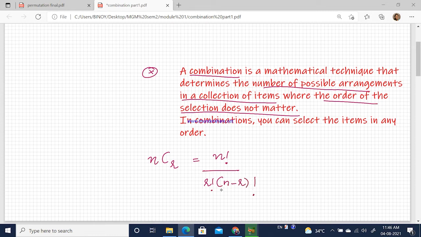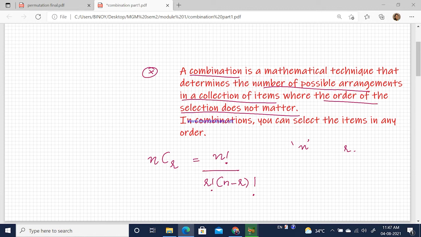This is the formula for finding the combination. nCr means the number of combinations of n things taken r at a time, and that expression is n factorial by r factorial into (n minus r) factorial.